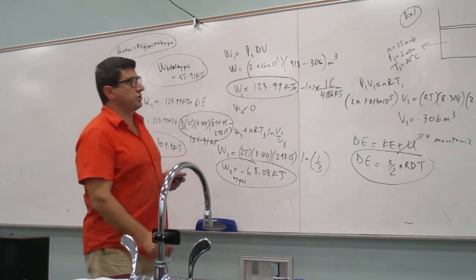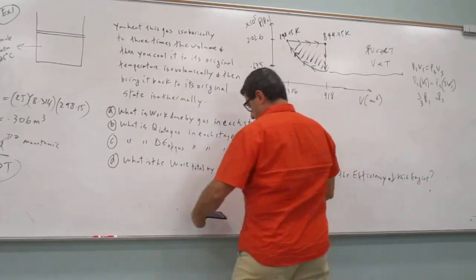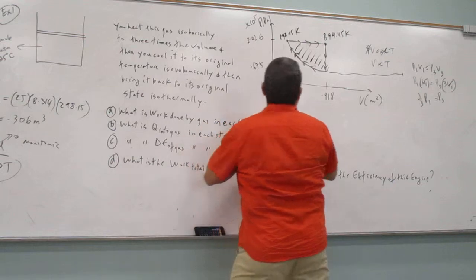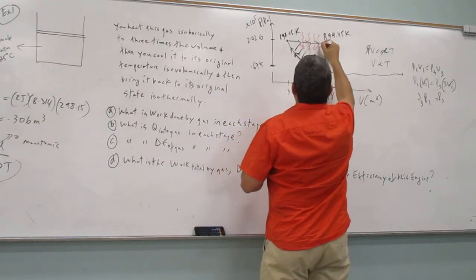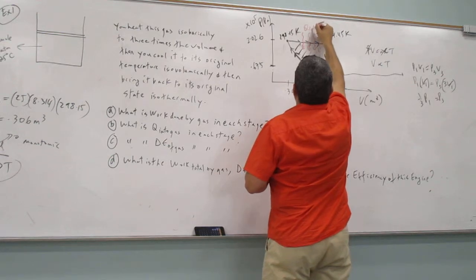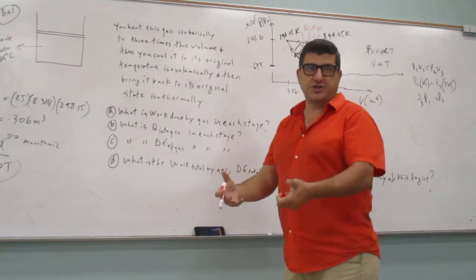What I usually do is go back to the PV diagram and do a little wiggle sign and say this is the heat that I'm putting into the gas. Q into gas. In other words, that's the driving force for the engine.